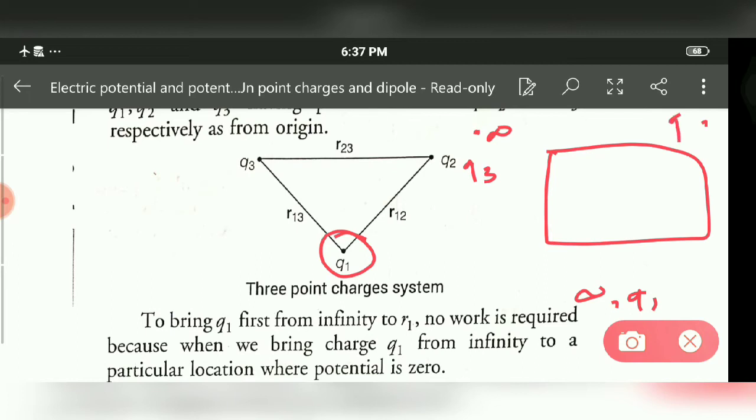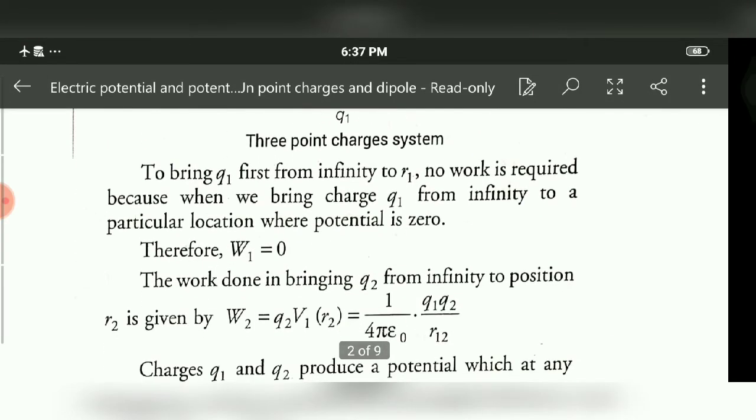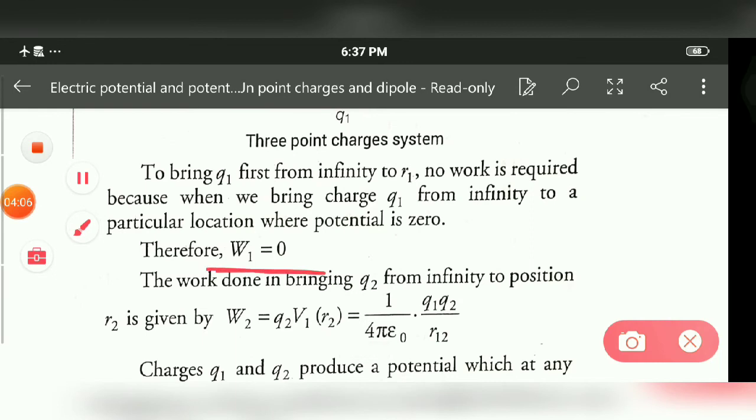Let these points be A, B and C. First I bring charge q1 from infinity to point A. As there was initially no charge, no field was there, so for the first charge, W1 is 0.